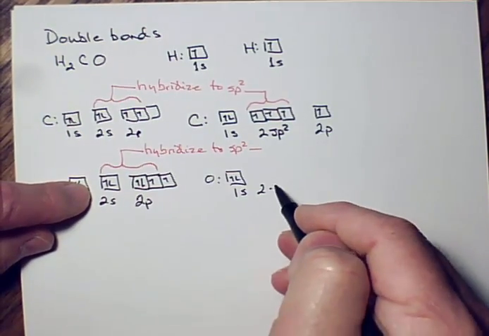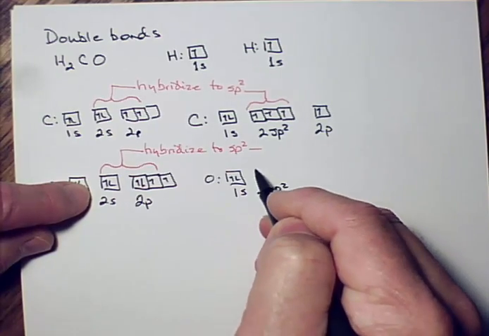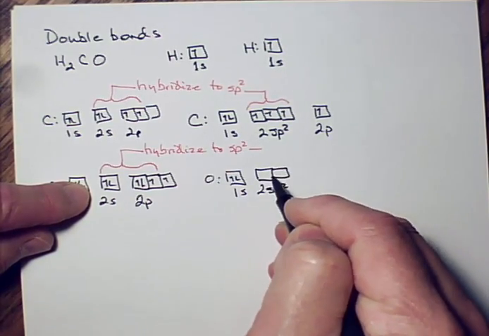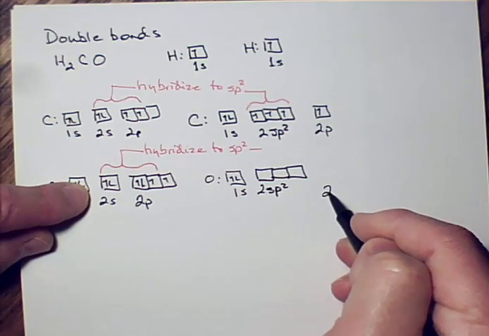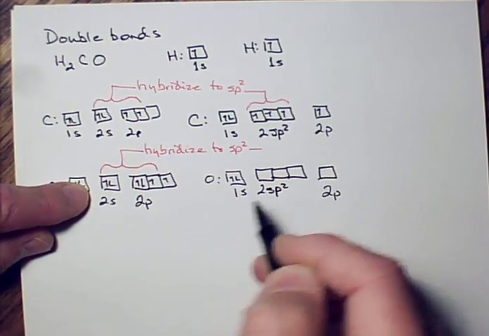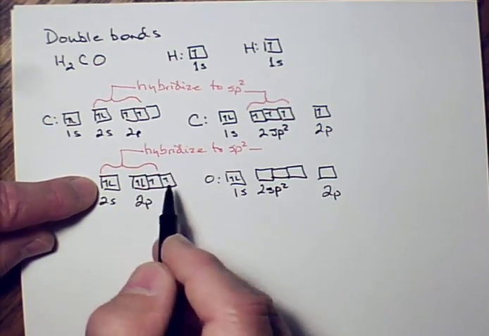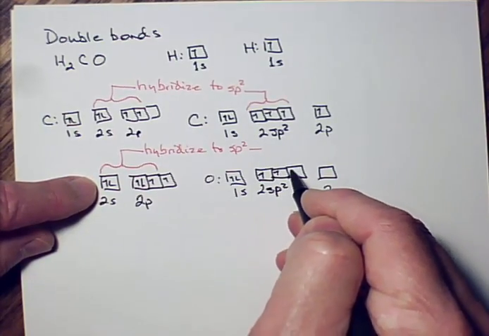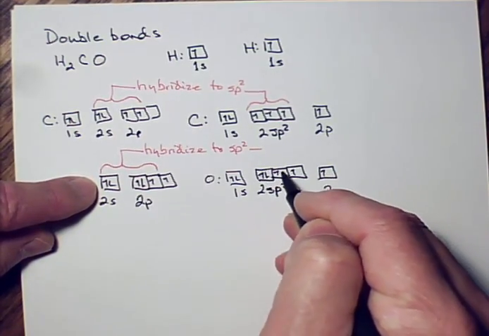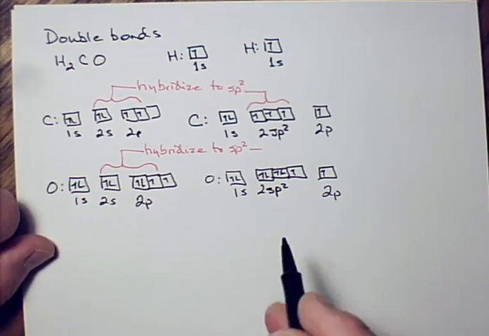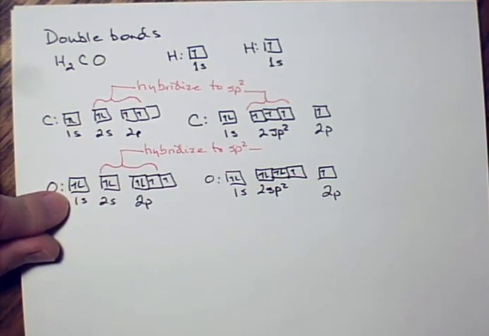So we're going to hybridize one s and two p's. And we're going to have a 2p orbital that's left unhybridized over here. Count all the electrons: 1, 2, 3, 4, 5, 6. And that's what the sp2 hybridization looks like for oxygen.